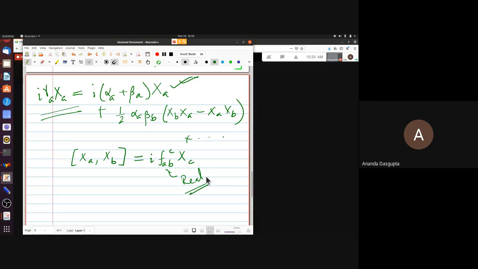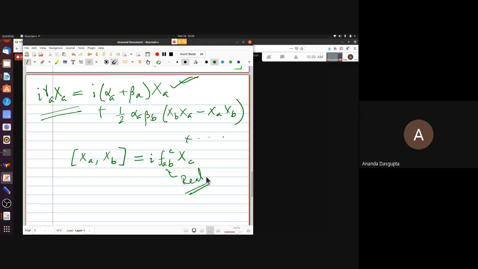Okay. All that you are saying is if you take the commutator of two generators, the result has to be a generator. Because unless that happened, you will not be able to combine two group elements, e to the I alpha A X A with e to the I beta B X B, and get another group element. So this is why commutators are important.